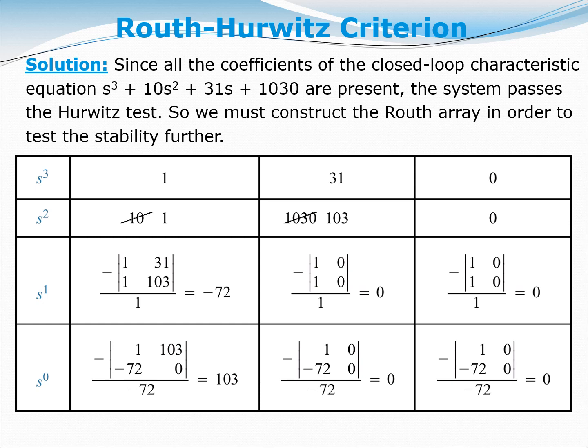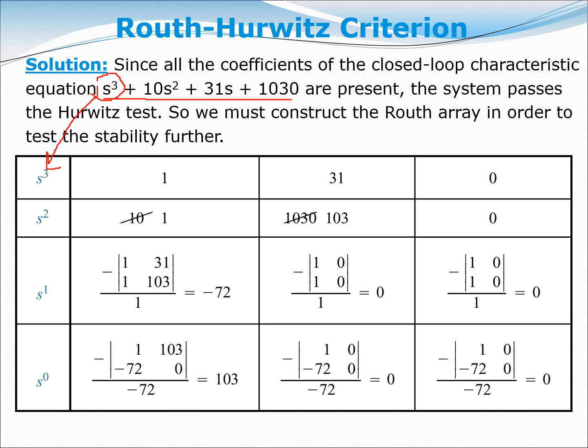Okay, as the solution, since all the coefficients of the closed loop characteristic equation are present, the system passes the Hurwitz test. So we must construct the Routh array in order to test the stability further. Looking at the characteristic equation, the biggest order is s to the power of 3. So we put it in the first column, starting with s^3 until s^0.